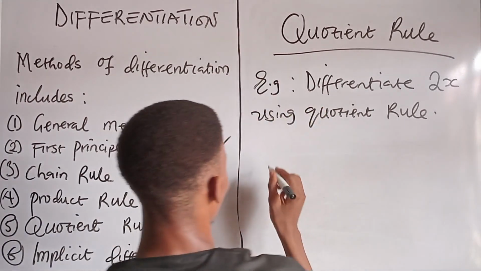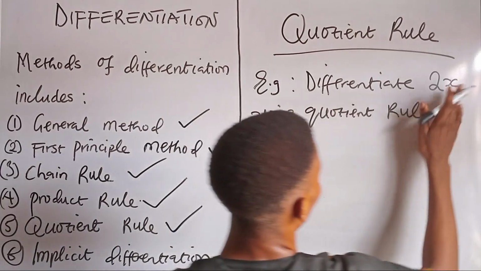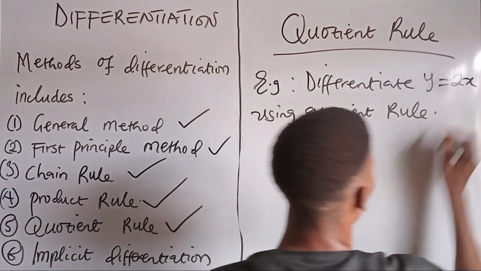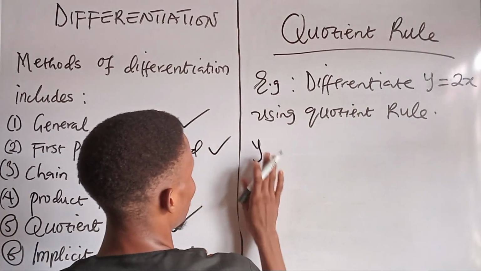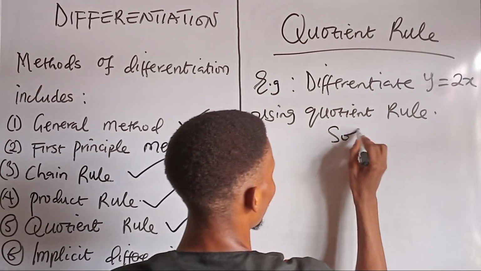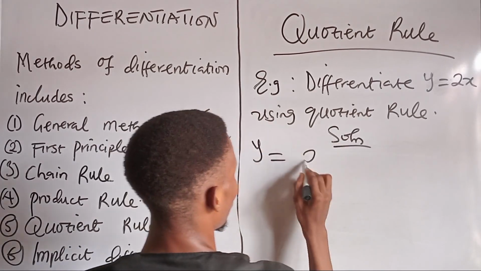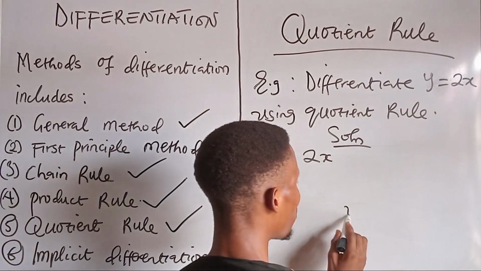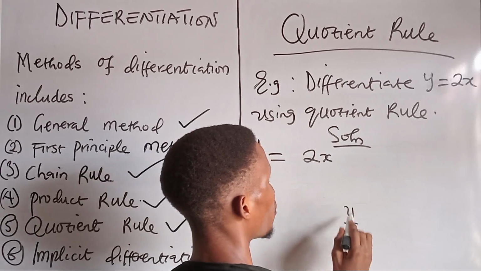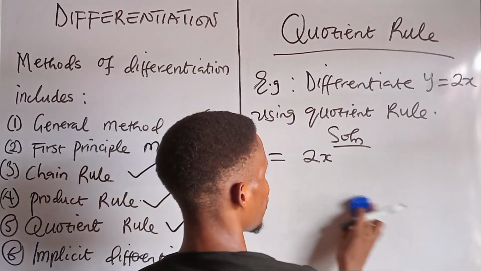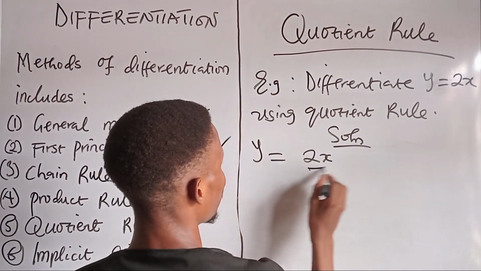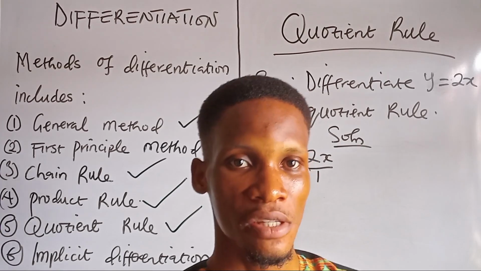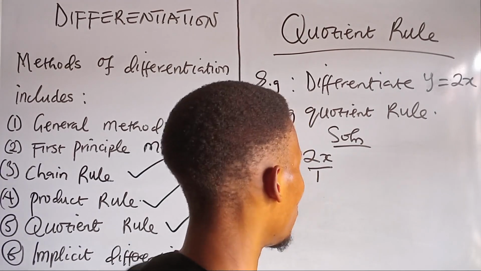Given that y equals 2x, to make it be in u over v form, which involves division, we can say this is 2x over 1. 2x over 1 is the same as 2x, so we have not changed anything.